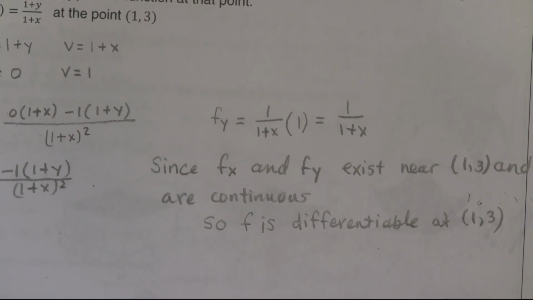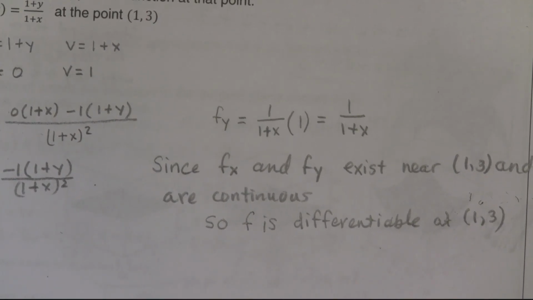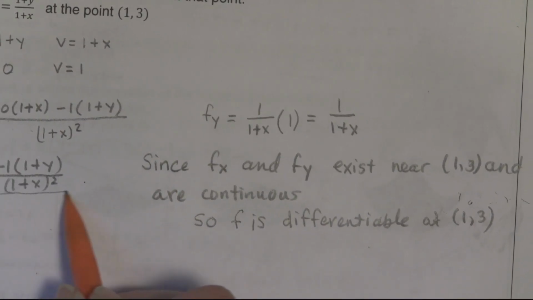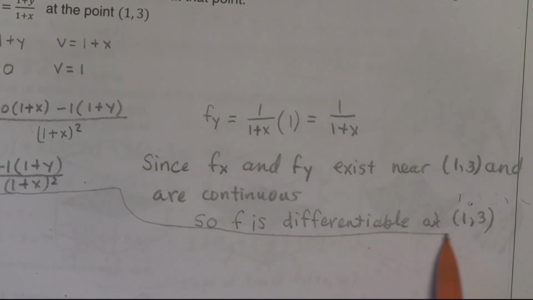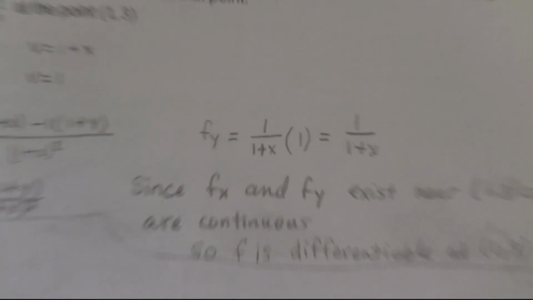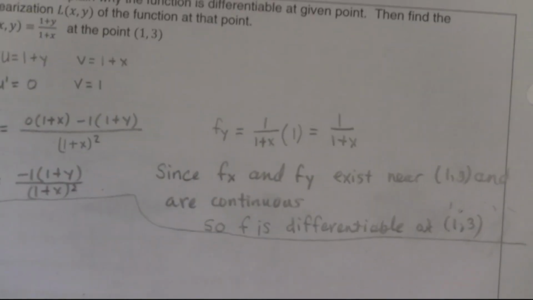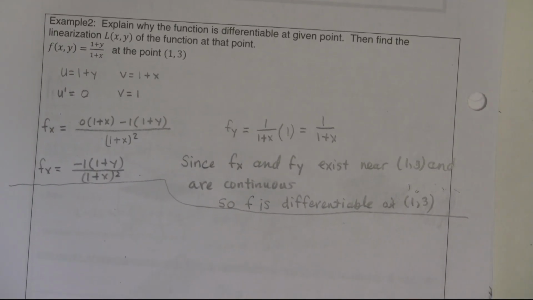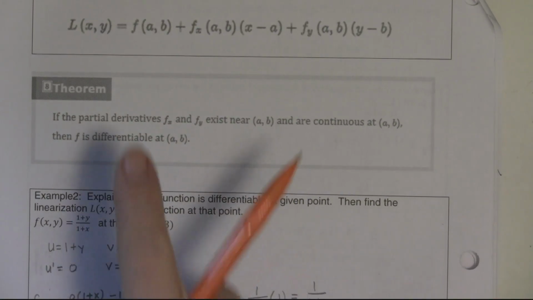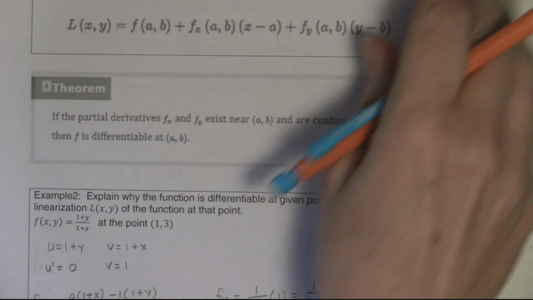Okay. Now the other thing that they wanted us to find here, and I spent a lot of room on that, just doing that little part of it. I'm going to zoom out a little bit. After we showed that it was differentiable, they wanted us to find this.